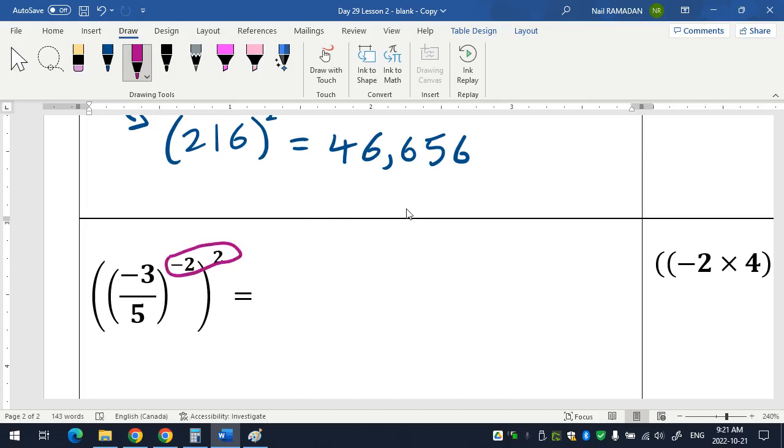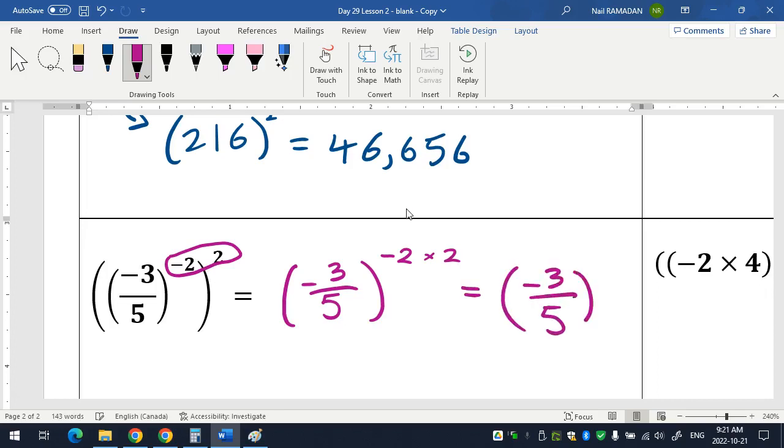Let's do that. So just keep this one as is, minus 3 to the power of 5. And then you multiply what? Minus 2 times 2. Okay. What's minus 2 times 2? Not 2 times 2, minus 2 times 2. Minus with a 4. So this one goes minus 3 over 5, and minus 4.